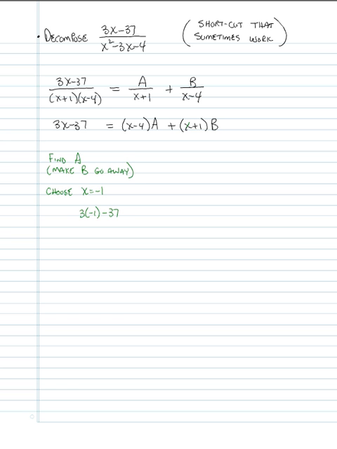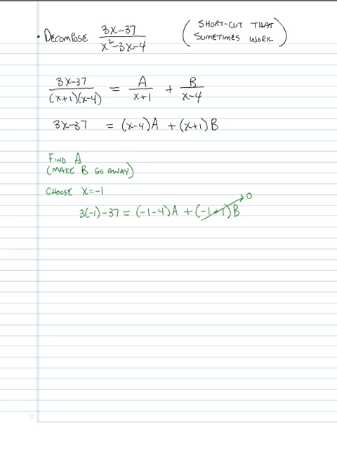On the right side, I'd have x minus 4 times A, but x is -1, so it'd be -1 minus 4 times A, plus x plus 1 times B. Since x is -1, that's -1 plus 1 times B. And the whole purpose of what I was doing is that becomes 0, doesn't it?